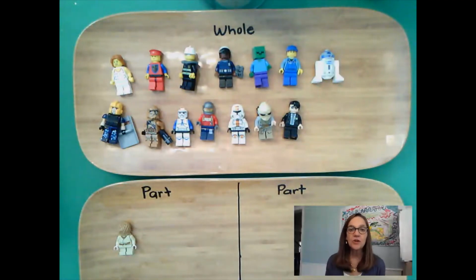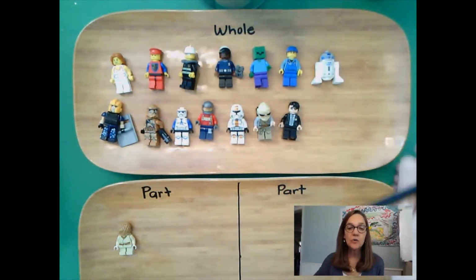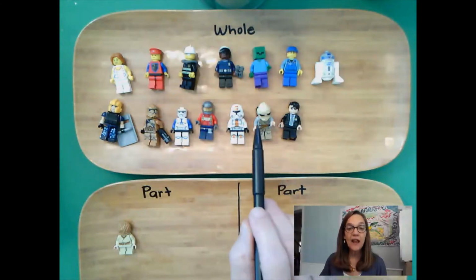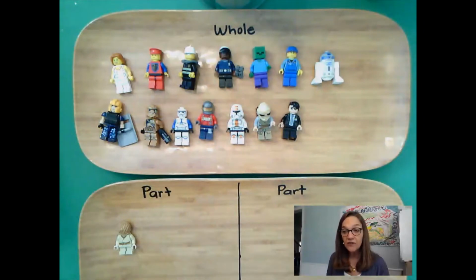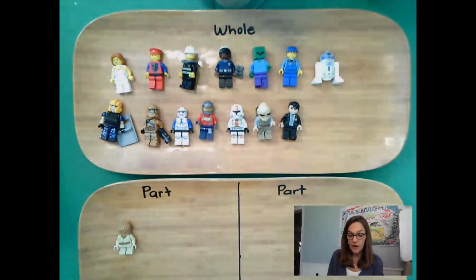Okay, now I'm going to show you another one of our math strategies that we have used before, but not too often, and it's part-whole. So the idea here is that however many I have in this part and however many I have in this part should be the same thing as how many are in the whole, which is basically the same thing as our number bonds.